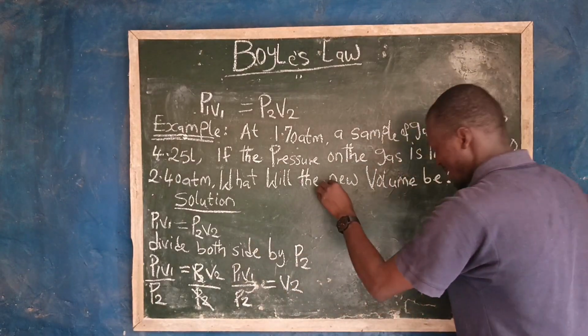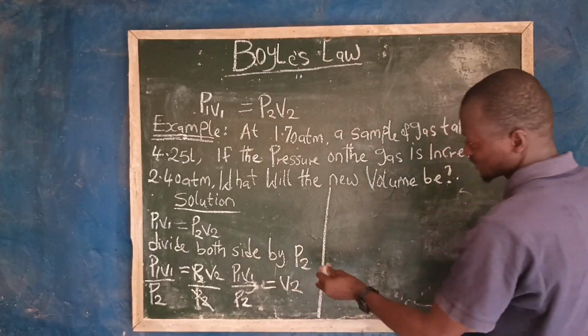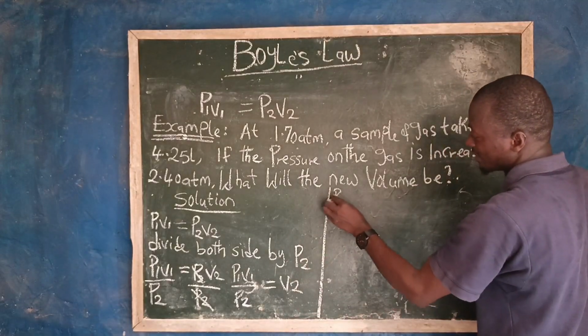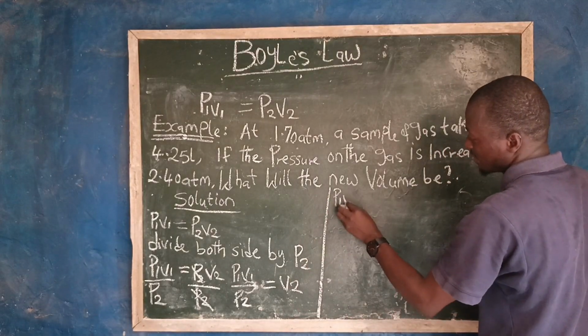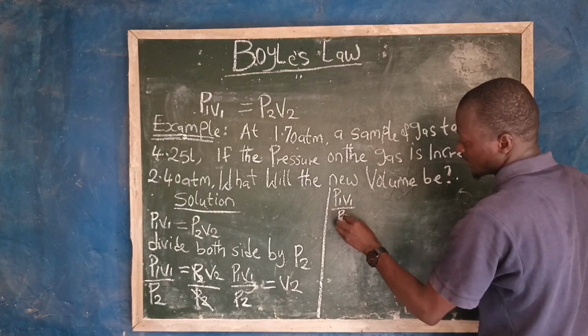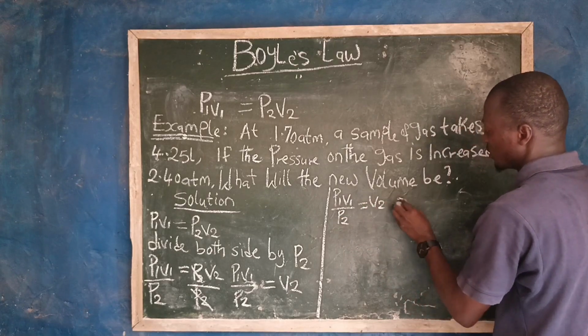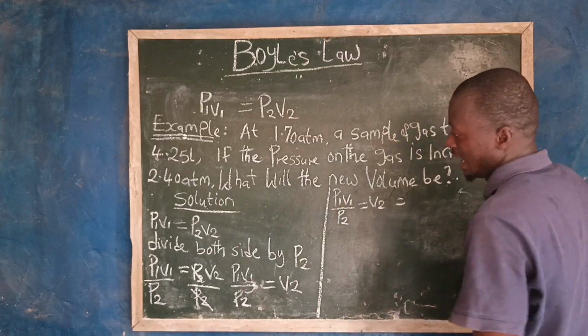Now, this is our formula. P1 V1 all over P2 equals V2. Let us substitute our numbers.